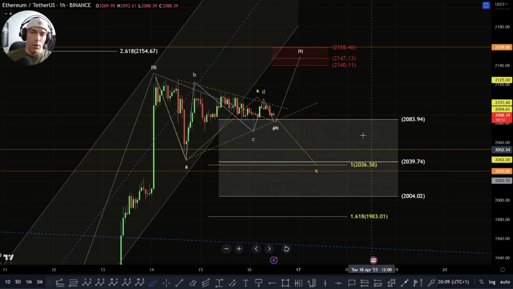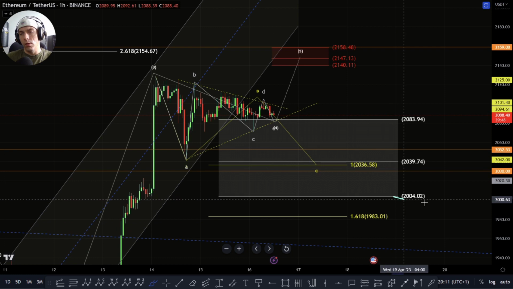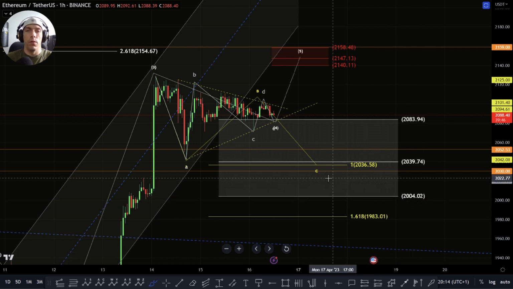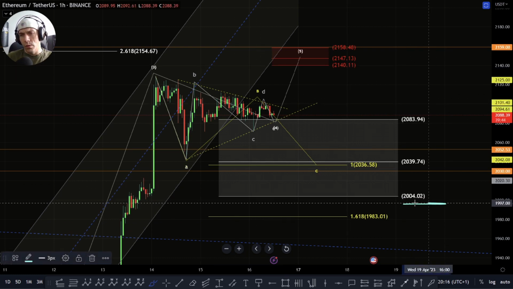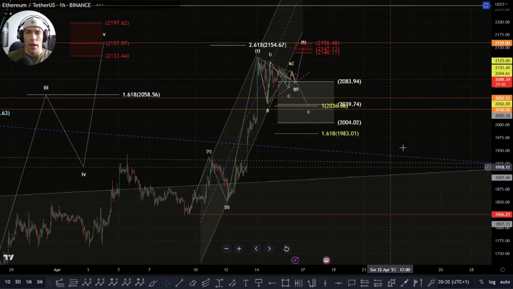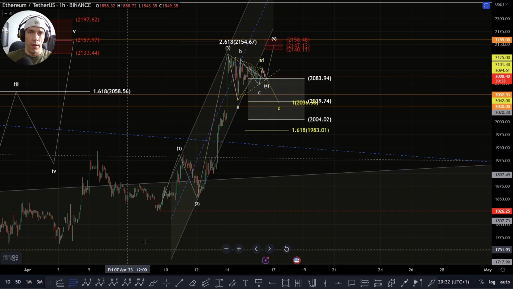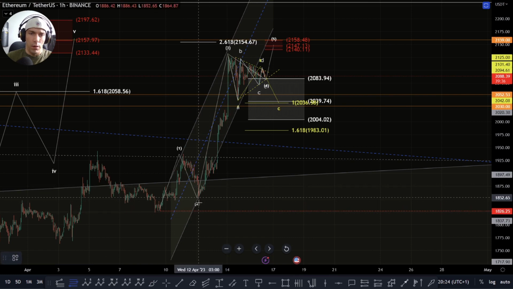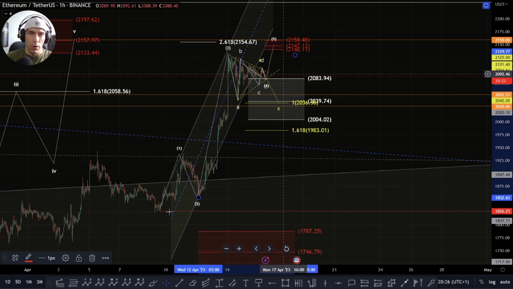So this is going to be a key zone to hold. 2004. If we lose this zone, it makes this move start to fall apart a little bit. And really, if that does play out, we would have to then be on the lookout potentially for support lower down here.